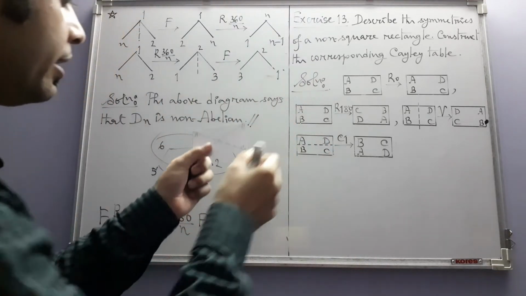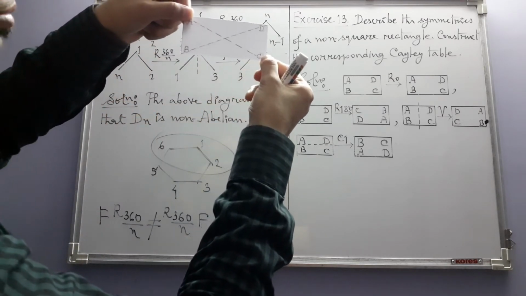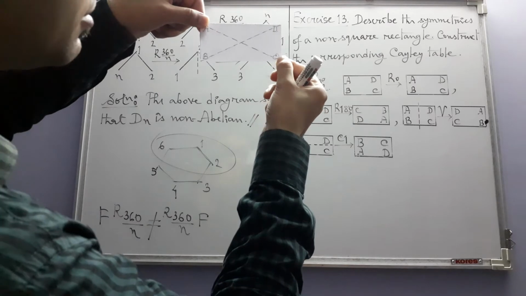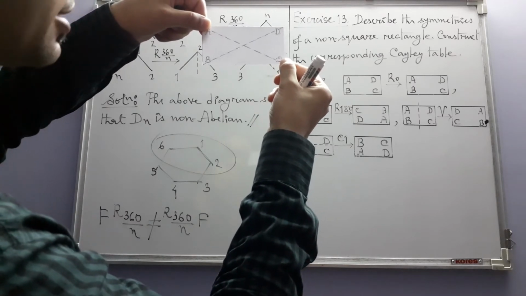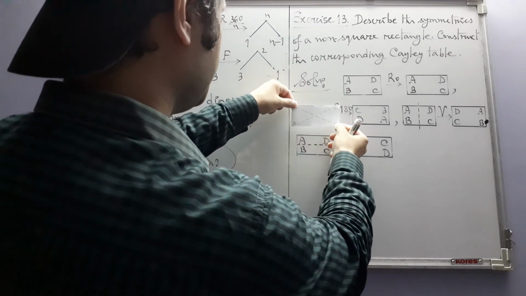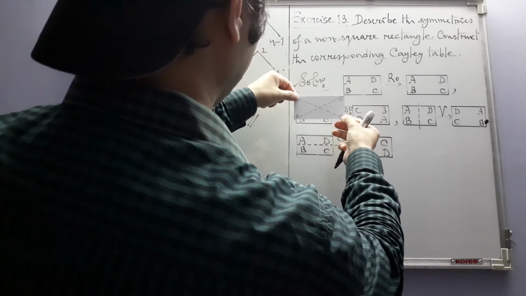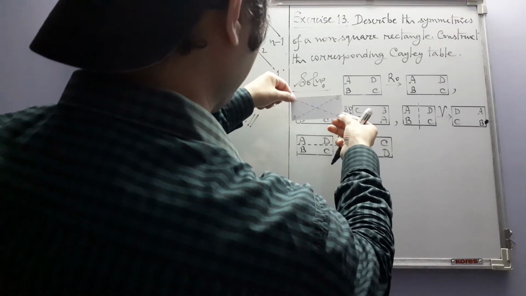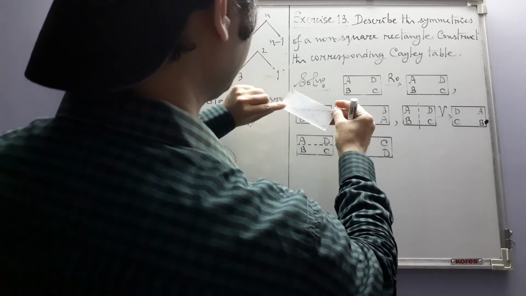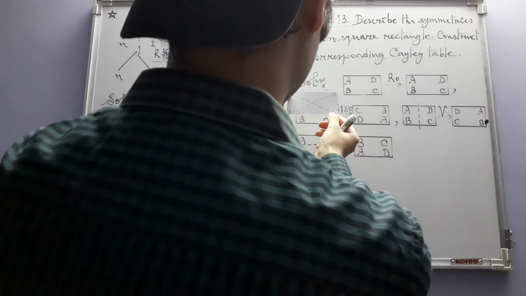So what really happens when we reflect about this diagonal? Let me put it like this and keep it as horizontal as possible and then do the reflection. It's better to keep it like this, and then if I reflect about, say, this diagonal, like this, am I getting this clearly?